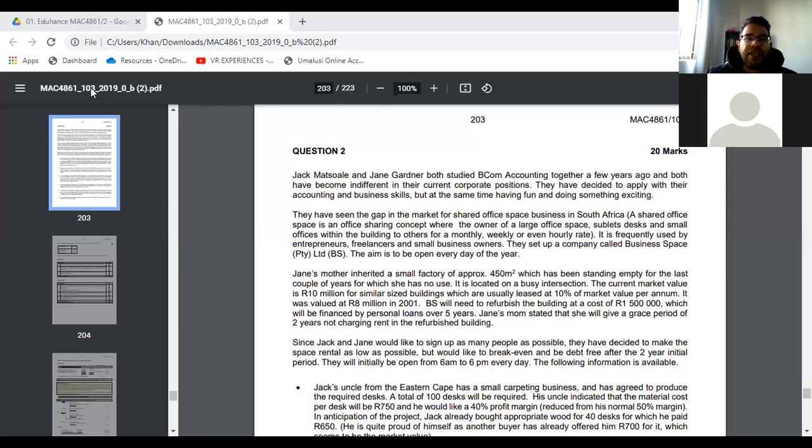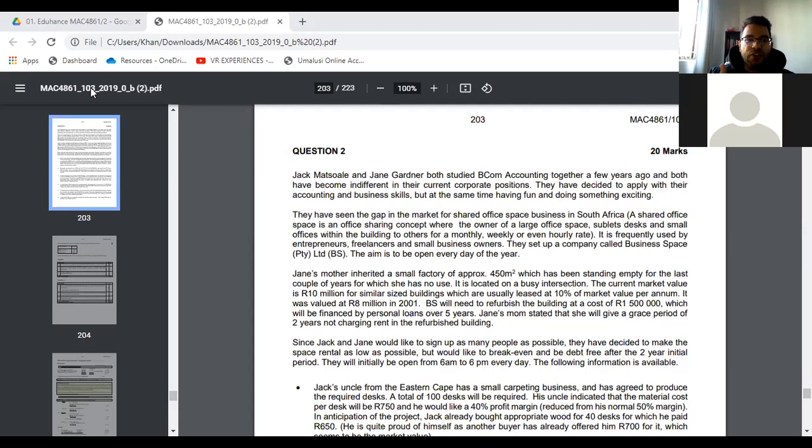But the moment something becomes differential, where you're only going to earn it or incur it as a result of that decision, it becomes relevant. The other way is also true: you will only save a cost if the decision is going ahead. So remember, we're only interested in future differential, future relevant cash flows.